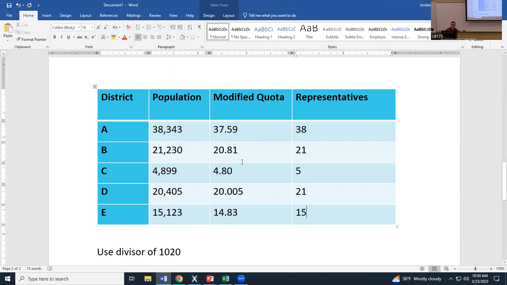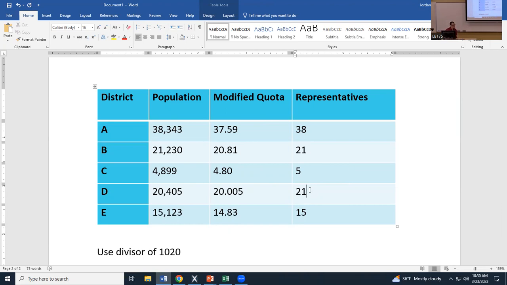The only reason I went out to 3 decimal places here is that we can see it's slightly above 20. All right. And therefore we have to move it up. Everyone okay with that?